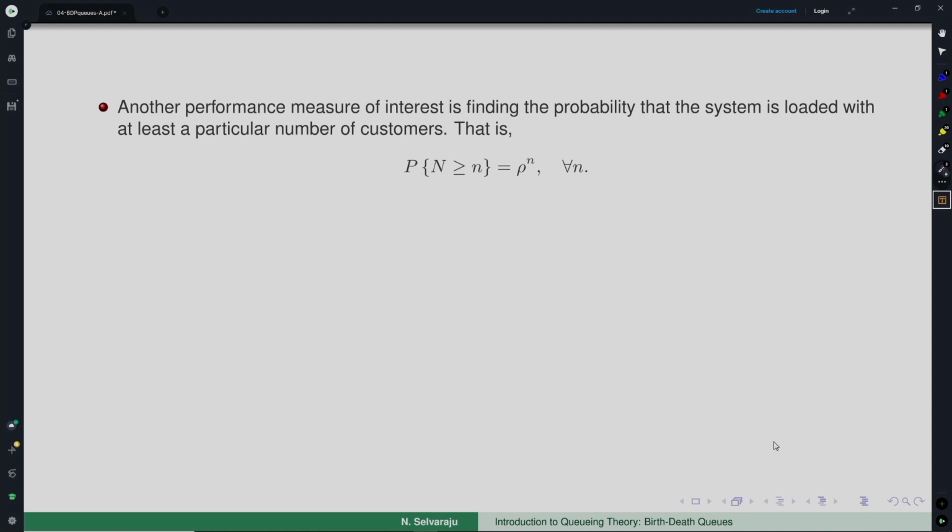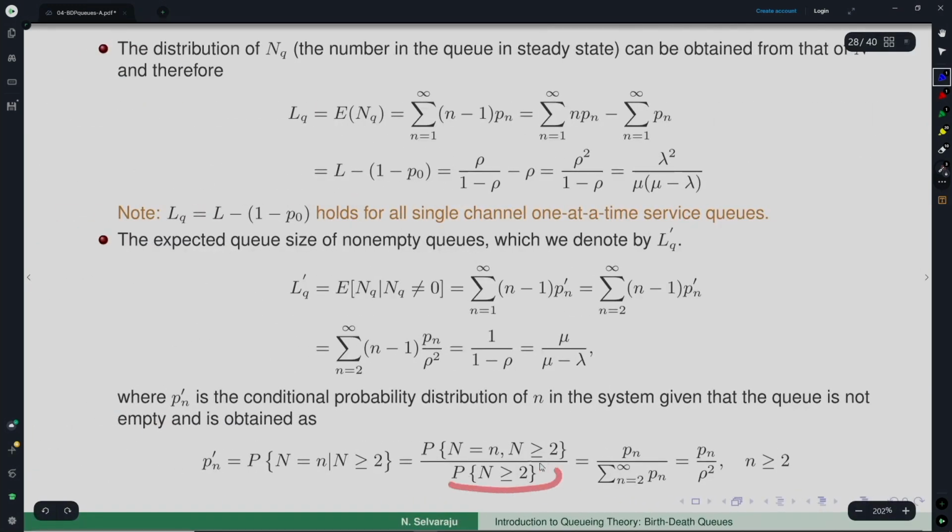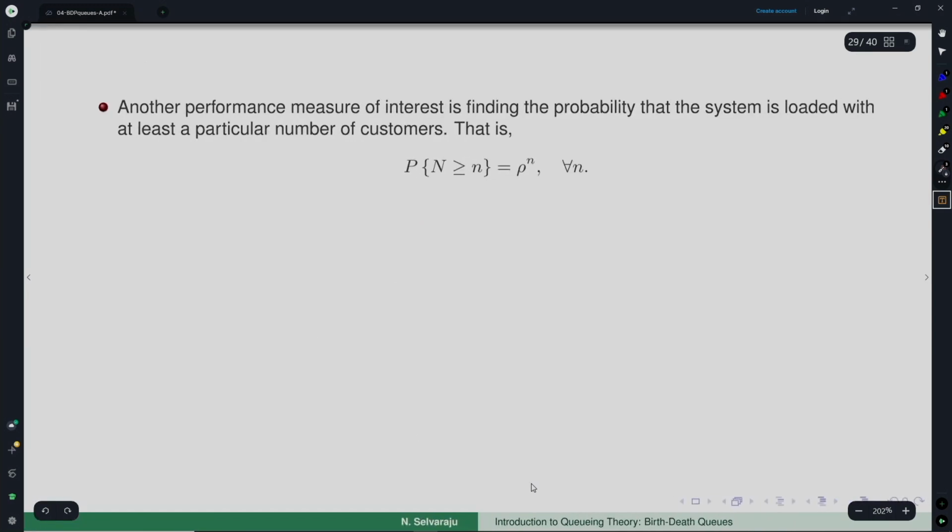Another performance measure of interest is finding the probability that the system is loaded with at least a particular number of customers. So, what is the probability that n is greater than or equal to 2, right, we have seen here. Similar things here.